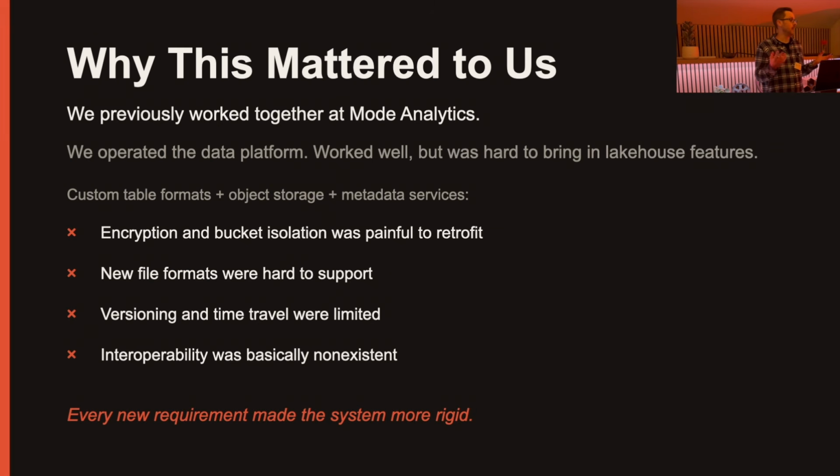We had all this data stored in S3, the metadata stored in Postgres. And it worked really well for our use case. But as time went on, things got challenging as custom integrations do. So every time we wanted to add a new access point to this data, it was another custom integration. And then over time, as we tried to bring lakehouse-like features that customers were asking for, it was very challenging.